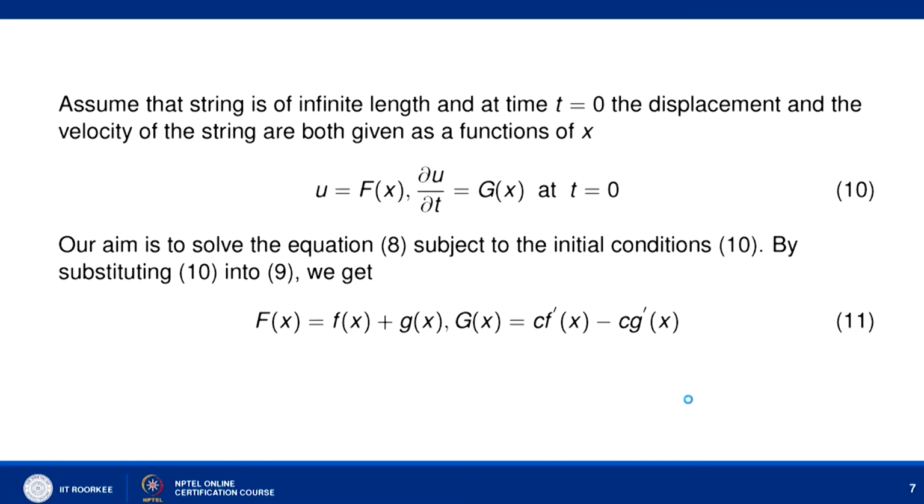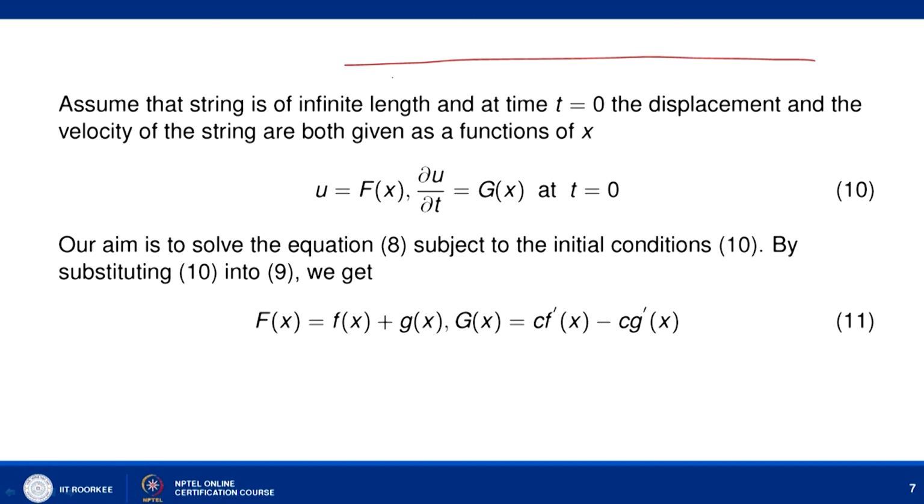string. So let us move here and suppose that the string is of infinite length. So here we have a string, and at time t equal to 0 the displacement and the velocity of the string are both given as functions. So it means that at t equal to 0 it is not in an equilibrium position, in fact it is in a disturbed position.